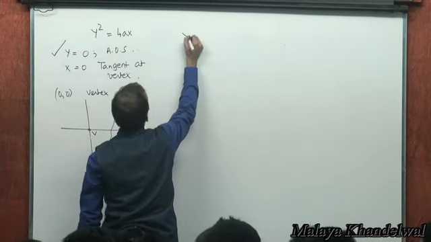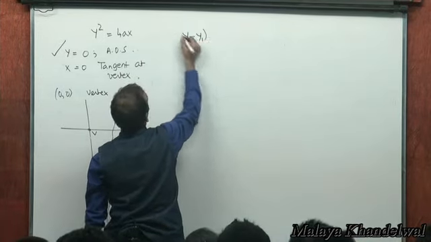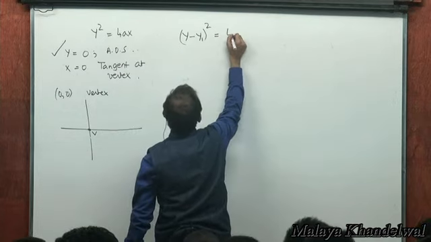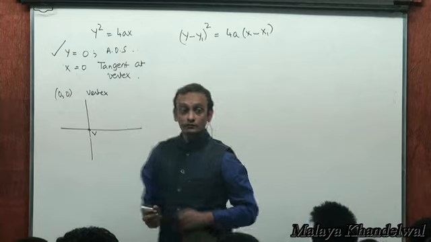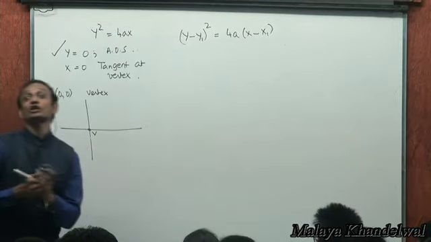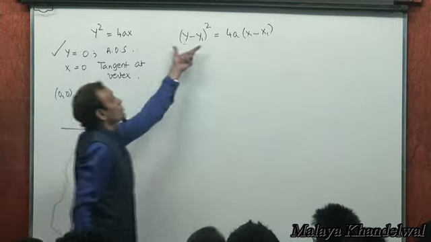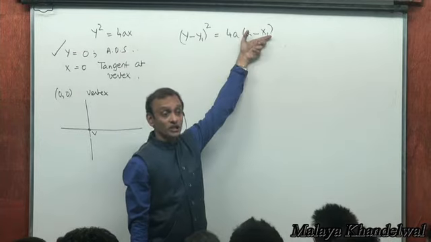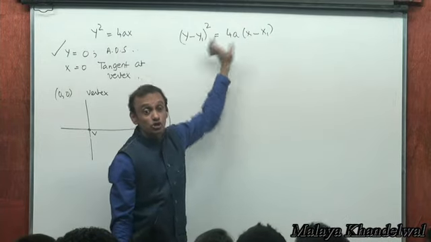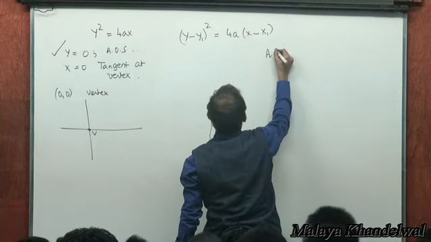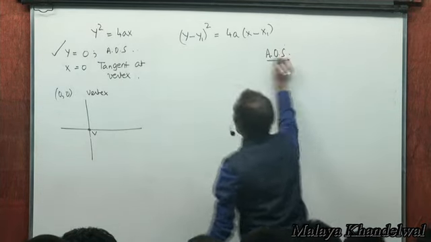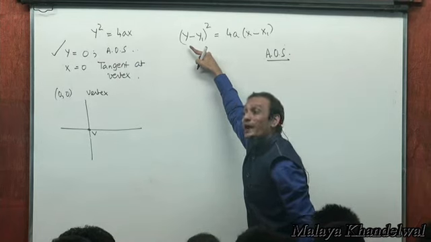Say y minus y1 whole square is 4a into x minus x1. Now this again is a parabola. This is the square term, this is the linear term, 4a is the latus rectum. This is a parabola whose axis of symmetry AOS is obtained by plugging the square term equal to 0.